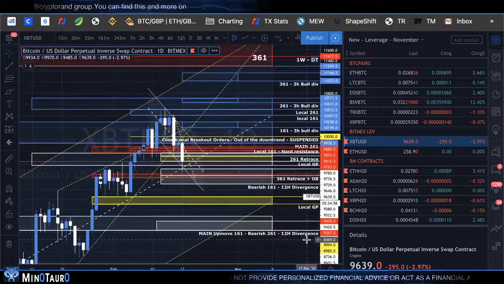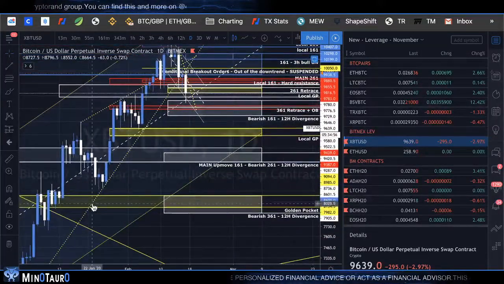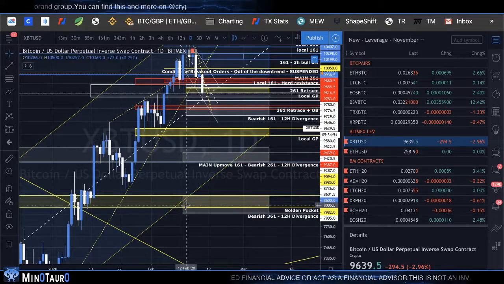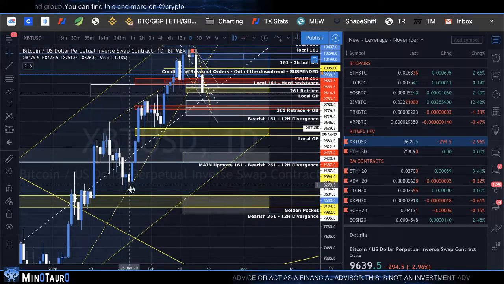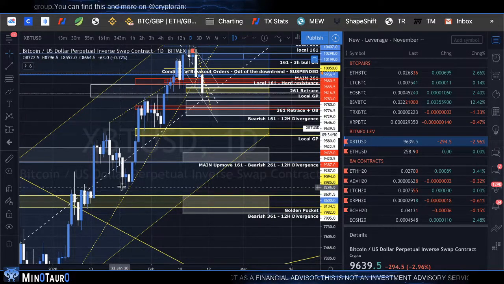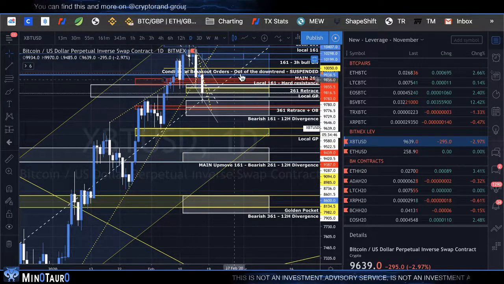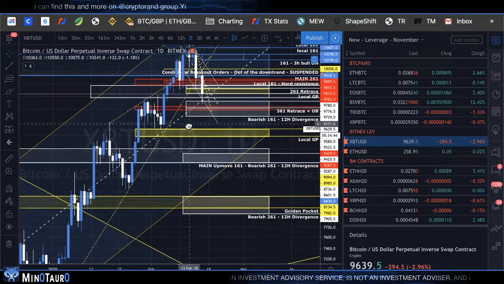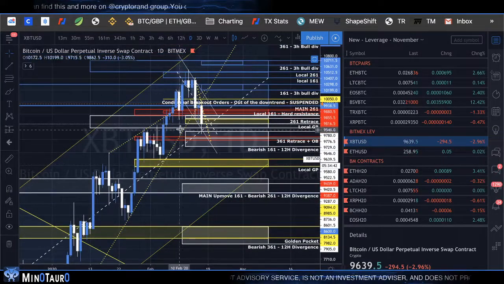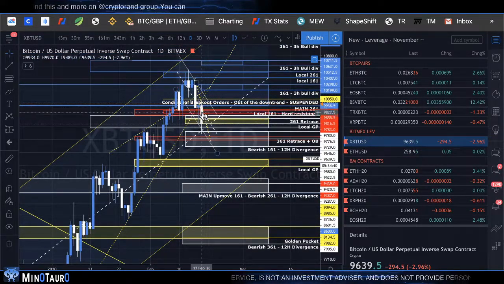Every time we went to the golden pockets in the past, this went down, right now it was recalculated, but it was here. Every time we go to the golden pocket, then we retrace. There is some bearish situation here connected to the fact that we went out of the wedge.